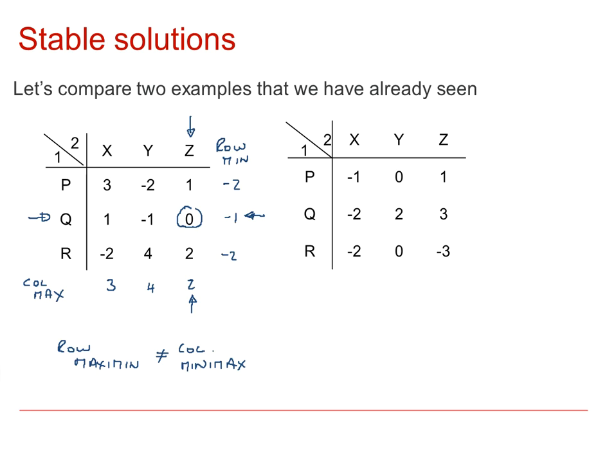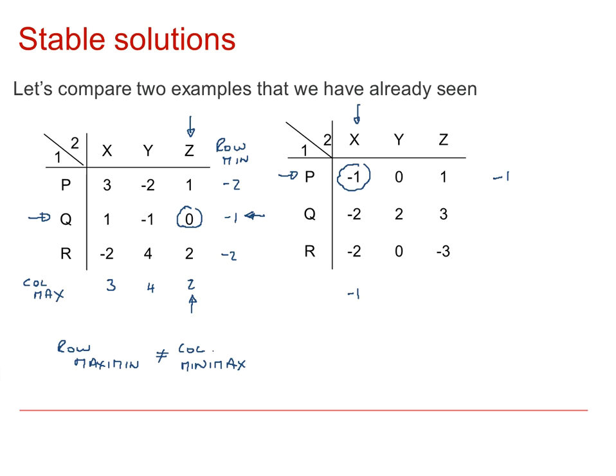If we went through the same exercise in the second one, I won't do it fully, but the row maxi-min is -1 and the column mini-max is also -1, giving us a play-safe strategy here of P and X. And if you consider that one, then player 1 is going to say, well, -1 is my best situation.